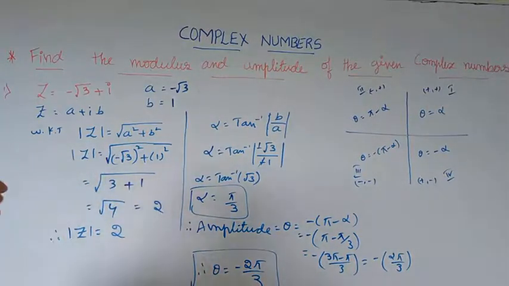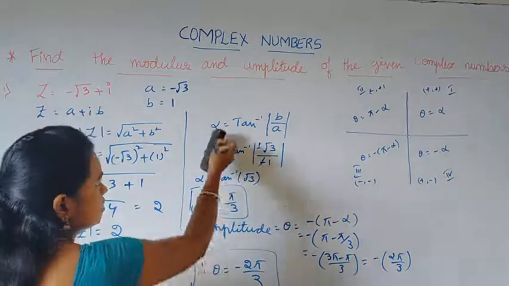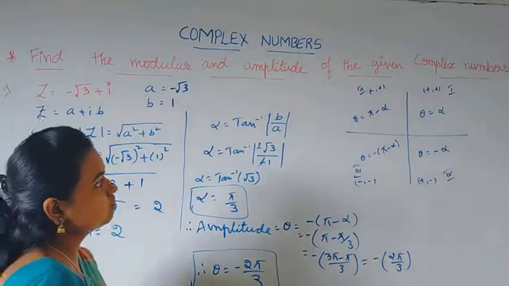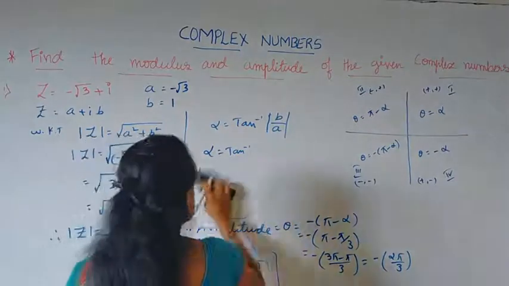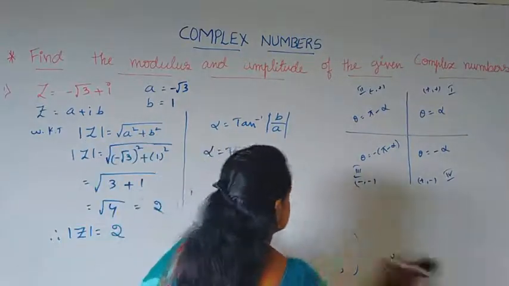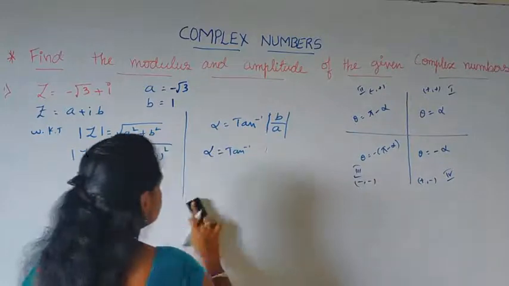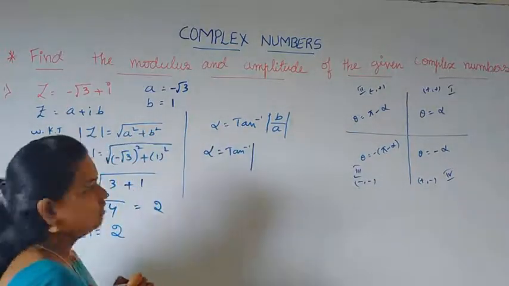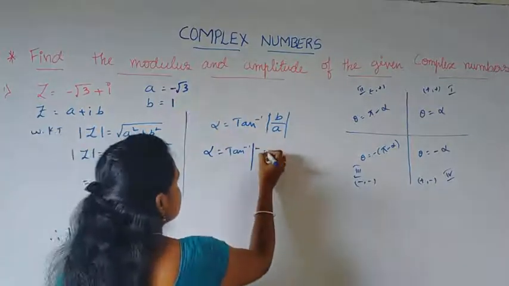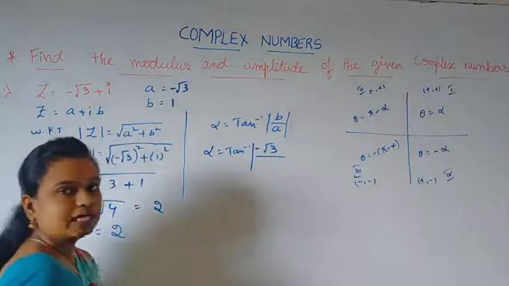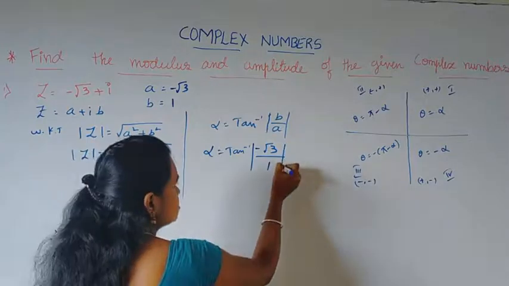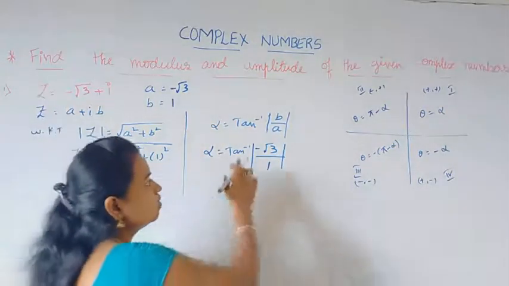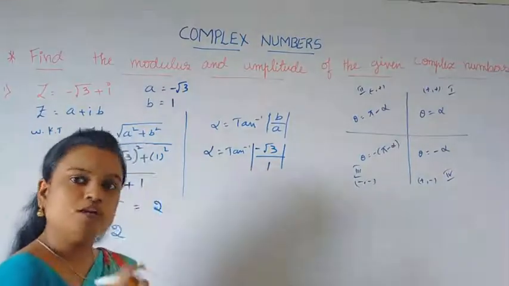So next find the amplitude. This is the formula. We know, right? Alpha is equal to tan inverse of mod b by a. So substitute the values: b is root 3 divided by a, which is 1. Since here we have the modulus sign, minus root 3 becomes plus root 3.